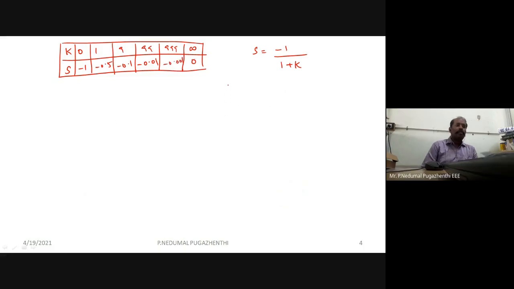So if I plot a root locus branch in the s plane, I do not need any asymptotes. Everything else is not needed because only one zero is there, one pole is there. So that pole will start at minus 1 and it will end at 0. That's the idea.